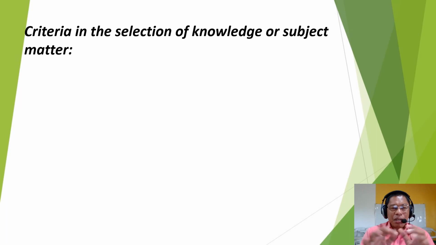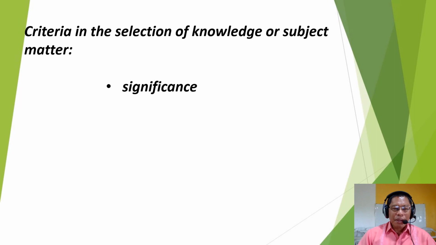Okay, so let us go over the different criteria in the selection of knowledge or subject matter once more para ma-recap natin, no? Para ma-review natin before we proceed to the next topic. So we have significance. This refers to the importance or value of the content or topic. Validity, authenticity or truthfulness or veracity, no? Yung kanyang pagiging tama, pagiging totoo, validity.